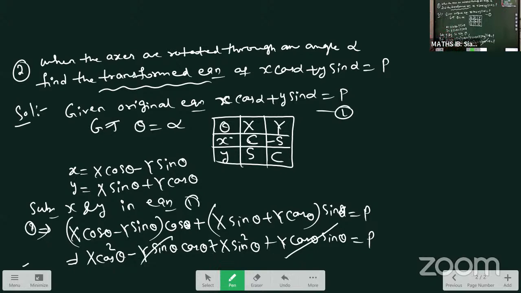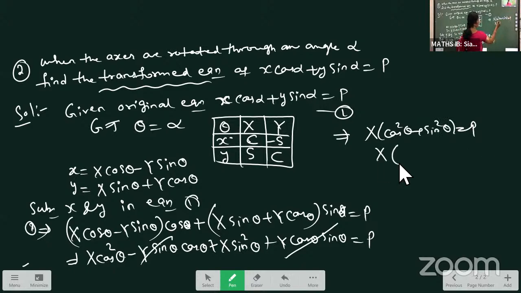Then the left out terms are X cos square theta plus X sin square theta is equal to P. Take X common: X times (cos square theta plus sin square theta) is equal to P. We know from trigonometry that cos square theta plus sin square theta is 1.